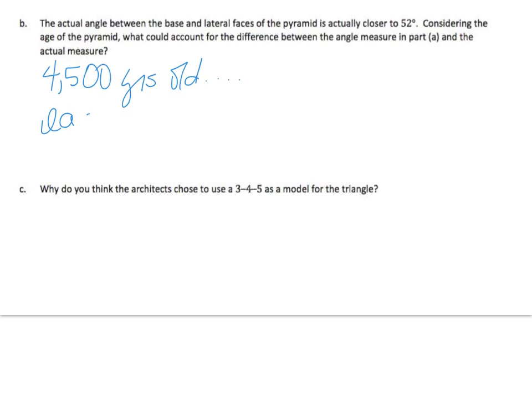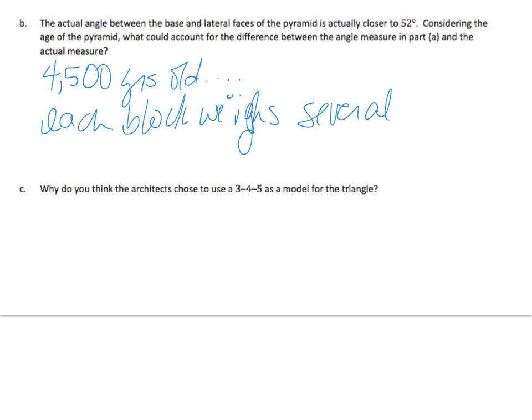Each block weighs, goodness, several tons. It's conceivable that over time the great weight of the blocks caused the pyramid to settle and shift the lateral faces so the angles are closer.